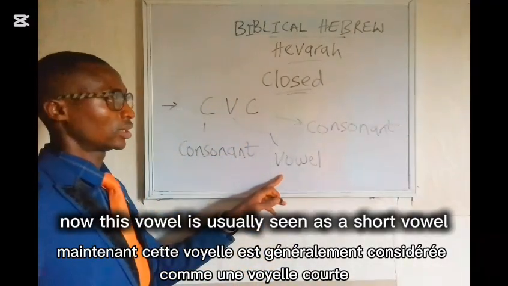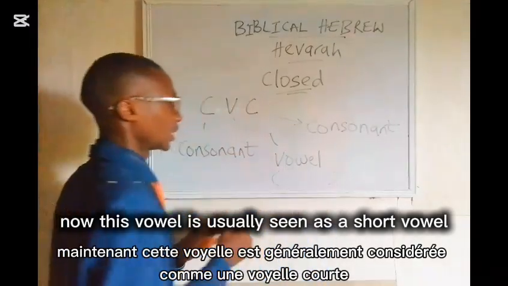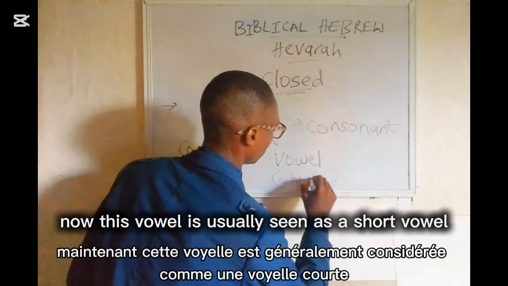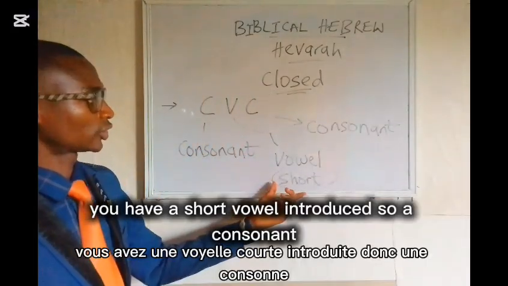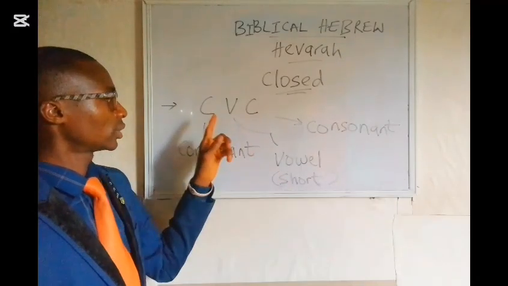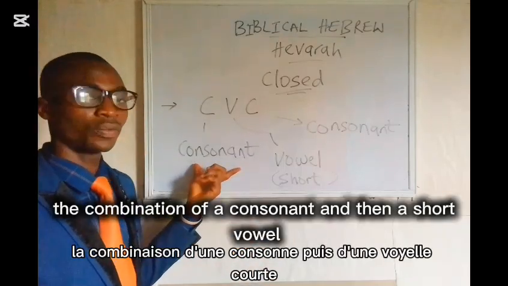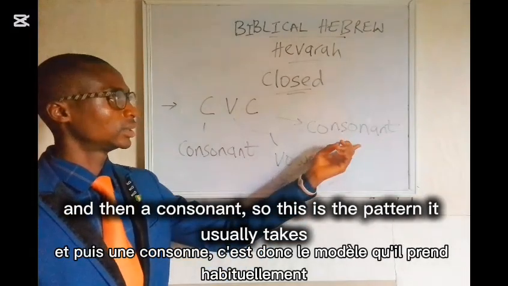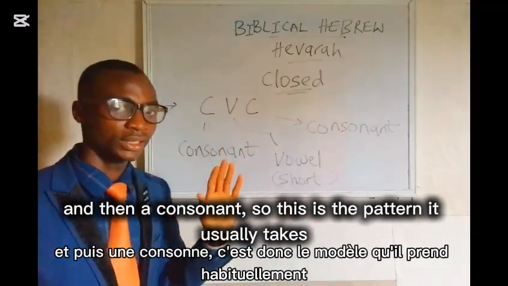Now, this vowel is usually seen as a short vowel. So you have a short vowel introduced: a consonant, a vowel, and then a consonant. So the combination of a consonant, then a short vowel, and then a consonant. This is the pattern it usually takes.